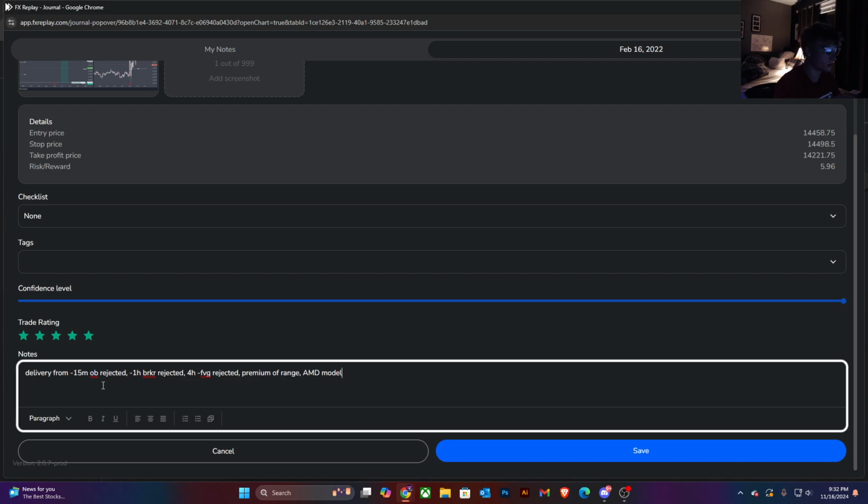AMD model, 5-minute. Obvious manipulation into breaker and order block above to run us lower to accumulation lows below.